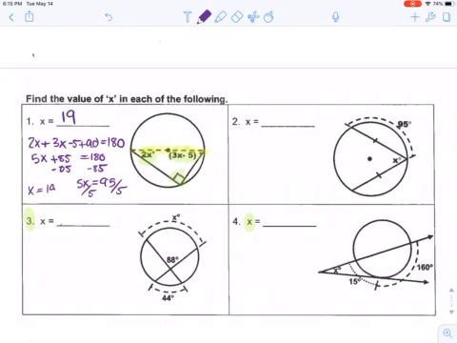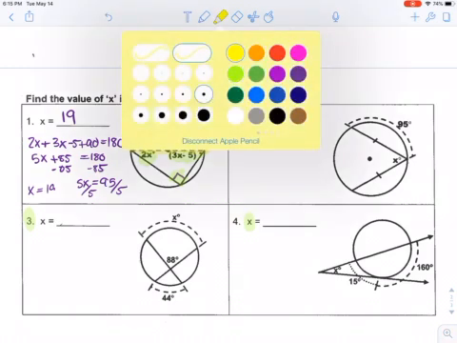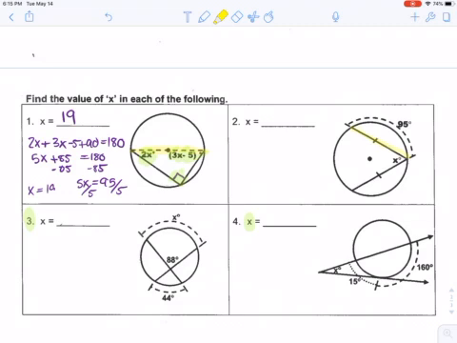And then we move on to number 2, where we have another inscribed angle, angle x, and we have to find angle x. Well, we know that whatever angle x is, it's going to be half of this arc. This is what the theorem told us yesterday, but we don't know what that arc is.